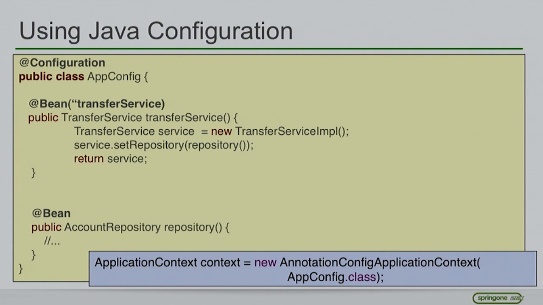Yes? Why did you... I wanted to illustrate basically the discrete steps. There's a whole separate discussion about whether setter injection is better than constructors, and that's really not a Spring question, it's more of a Java question. If you favor constructor injection, you can certainly do that.